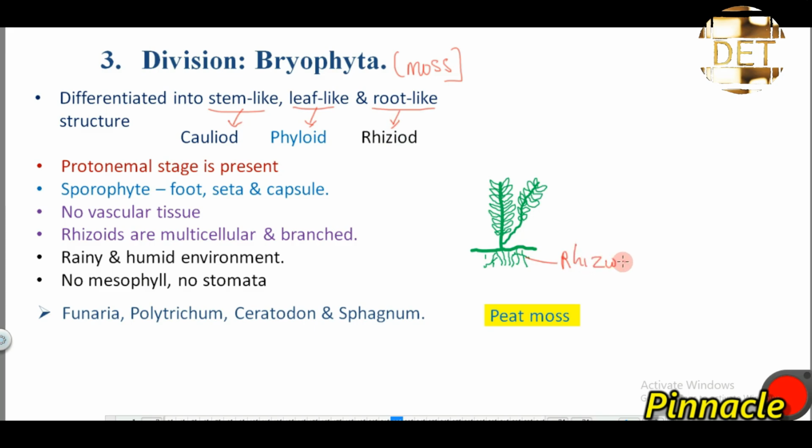They are not true roots. The stem-like structure is called the caulid, while the leaf-like structure is called the phylloid. So this is very important. Another feature of the bryophyte is that the protonema stage is present.